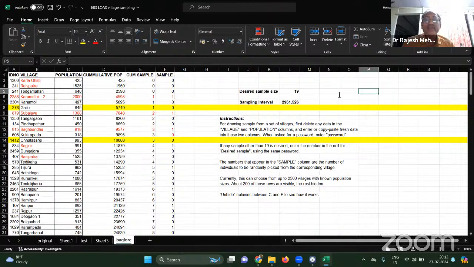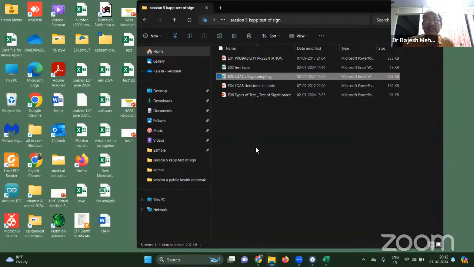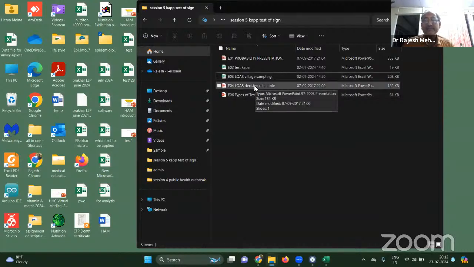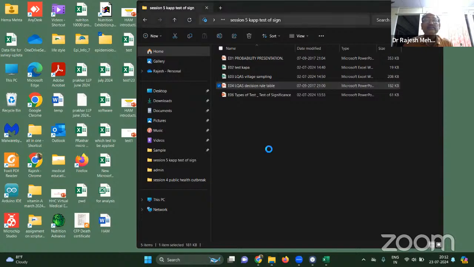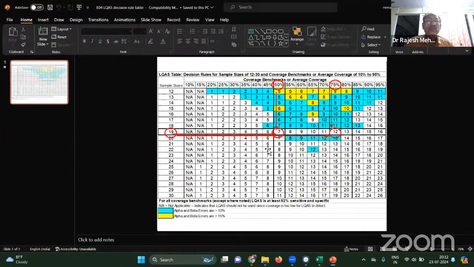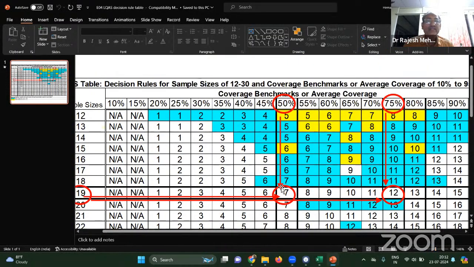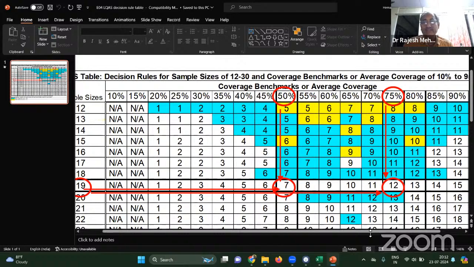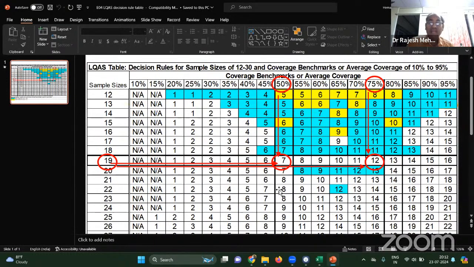So the next thing is we go to the LQAS decision rule table. Most frequently people are taking the figure of 19, right? So what you are supposed to say is how many are having adequate water supply. Out of 19, 7 say that we have adequate water supply and 12 say that we do not have adequate water supply.